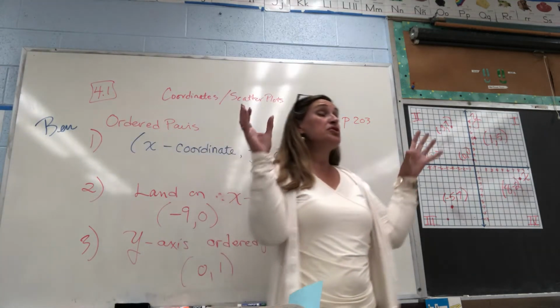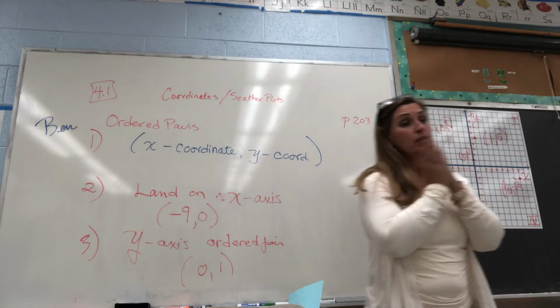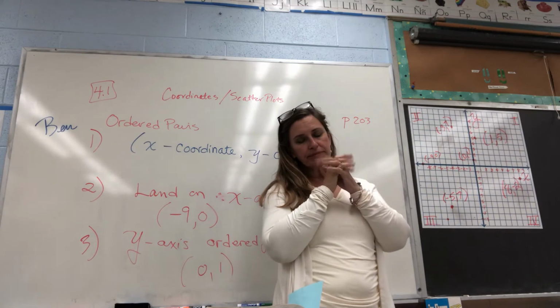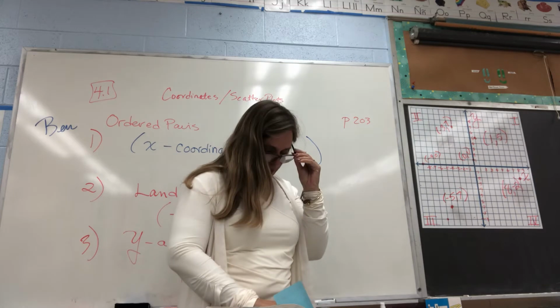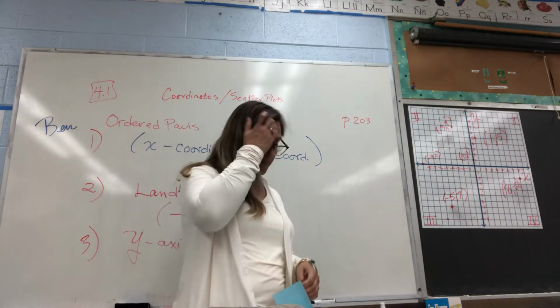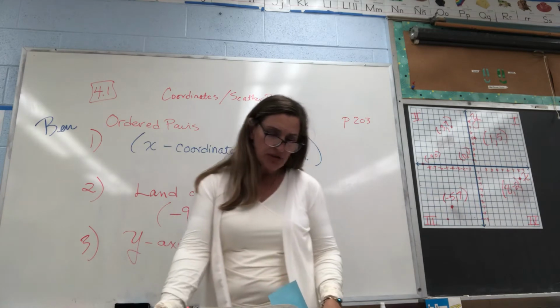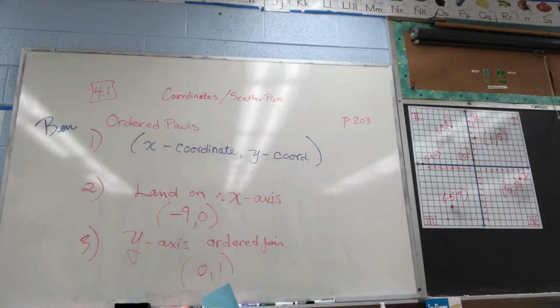So what we're gonna do is just find another way to interpret data. And what we're doing today is gonna be called scatter plots. Let's check it out. Page 204, right at the top, okay? Many real-life situations can be described in terms of pairs of numbers.